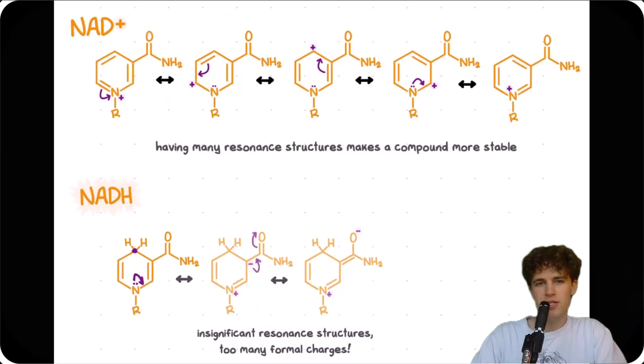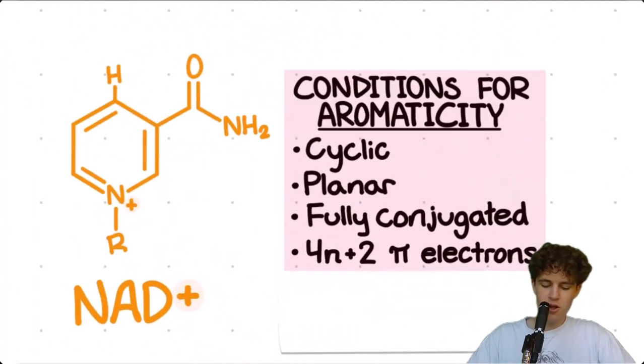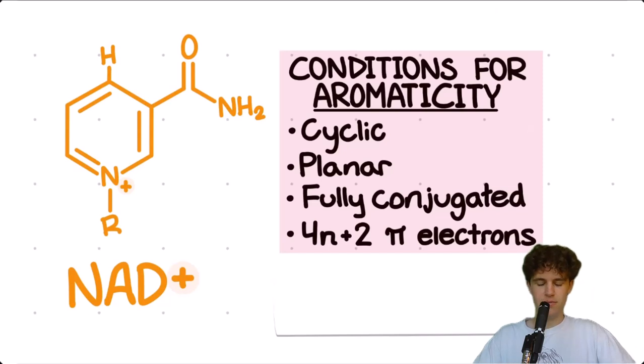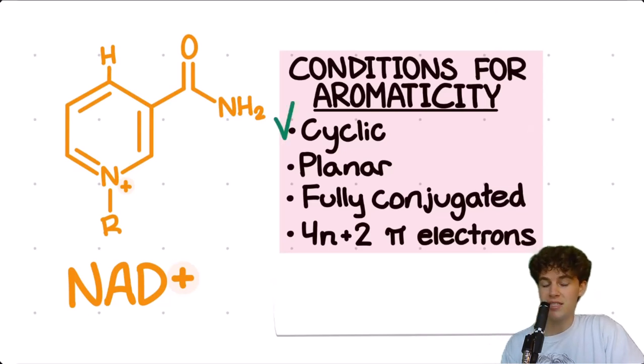For my second reason as to why NADH is higher energy, we must consider aromaticity. Let's recall our conditions for aromaticity. Our compound must be cyclic, which means it must have a ring structure. We have this pyridinium ring, so that is true. Our compound must be planar, which means it must be flat. Because all of these carbons are sp2 hybridized, the only possible geometry they could assume is trigonal planar, which is flat, so that is true.